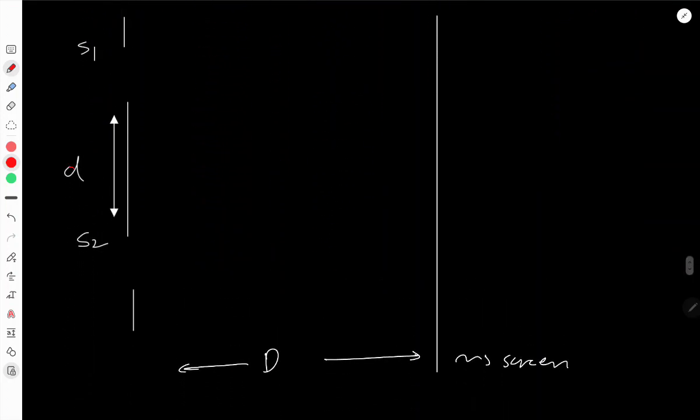So we have assumed this D over here, and now we take the point exactly in the center of D and put a perpendicular on the screen.